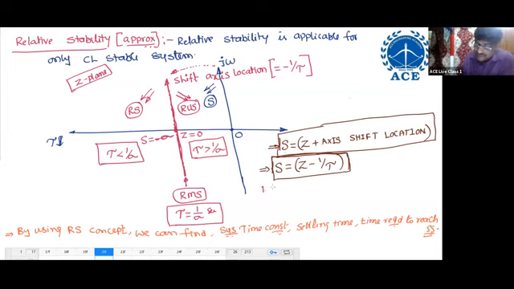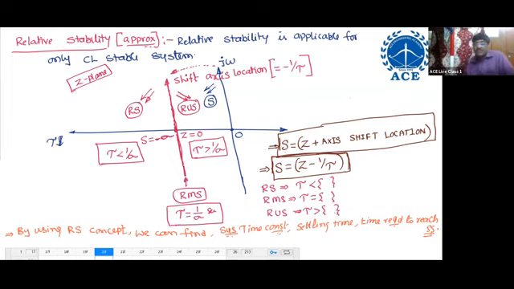If relatively stable, then I can say that the time constant is less than the given reference value. Relatively marginally stable means the time constant is equal to the given reference value. Relatively unstable means the time constant is greater than the given reference value.